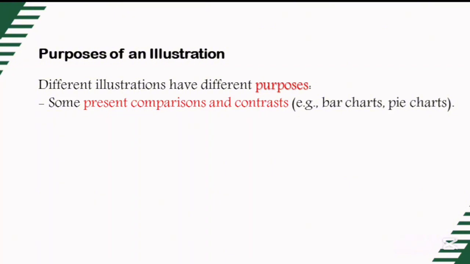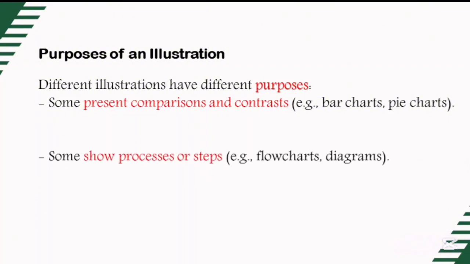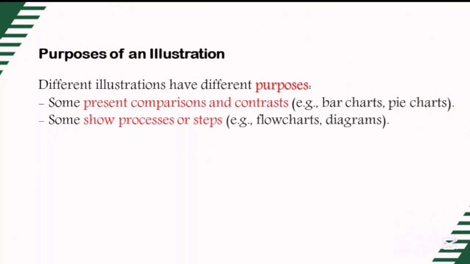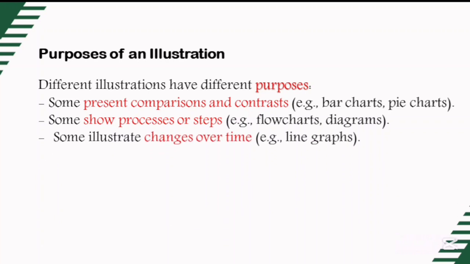Here we have components, items, ideas that are being compared or contrasted, what similarities and what differences they have. Some other illustrations show processes or steps to do something, like flow charts and diagrams. Others show changes over time, or we call it development, like the line graphs.